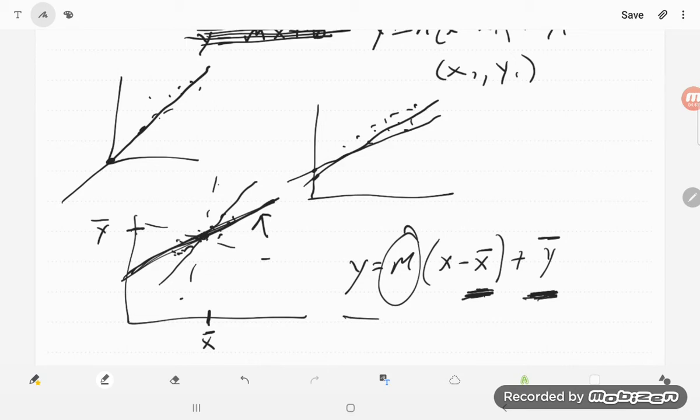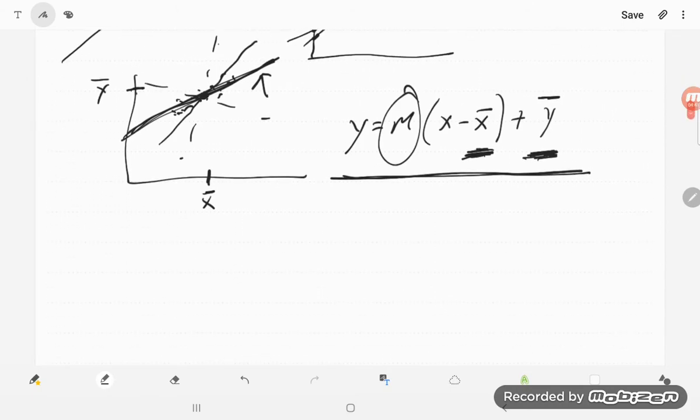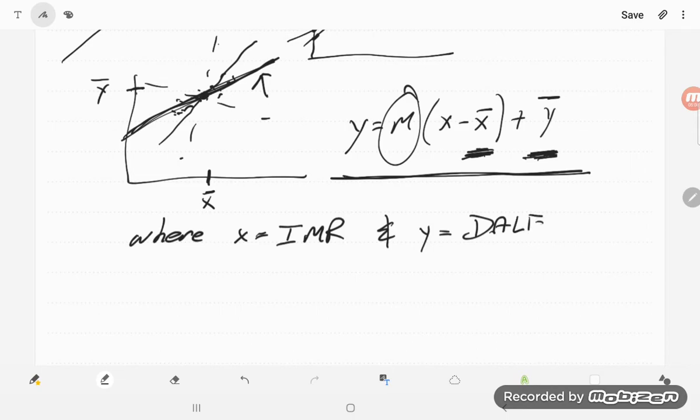And again, this is our algebraic model. Now you need to define, there's our algebraic model, but x equals IMR, and y equals Dale, D-A-L-E.